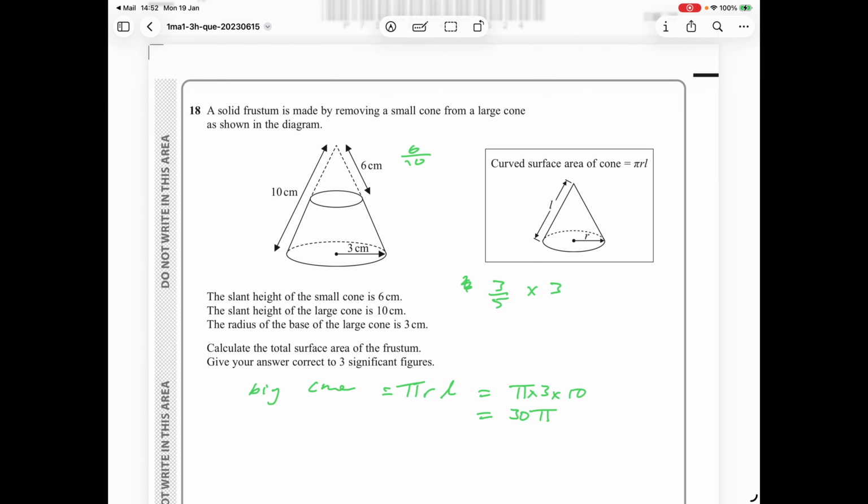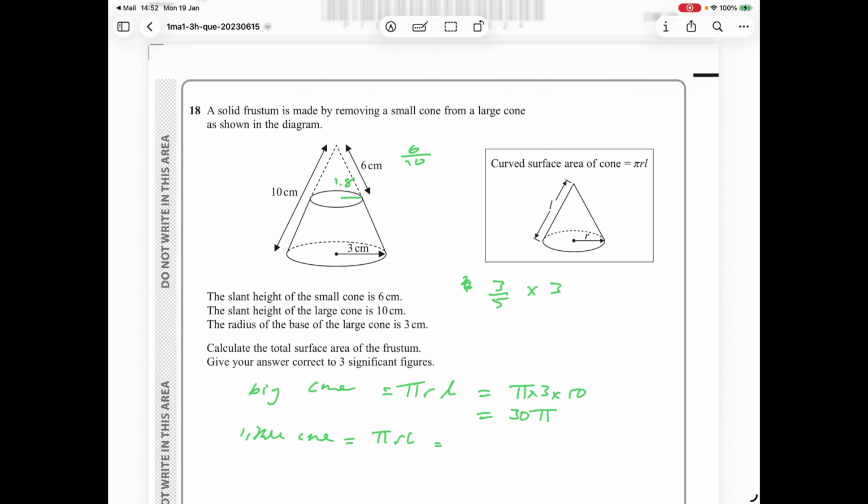That would be 0.6 times 3 equals 1.8. So now let's do little cone equals pi r l, which equals 1.8 times 6 times pi.